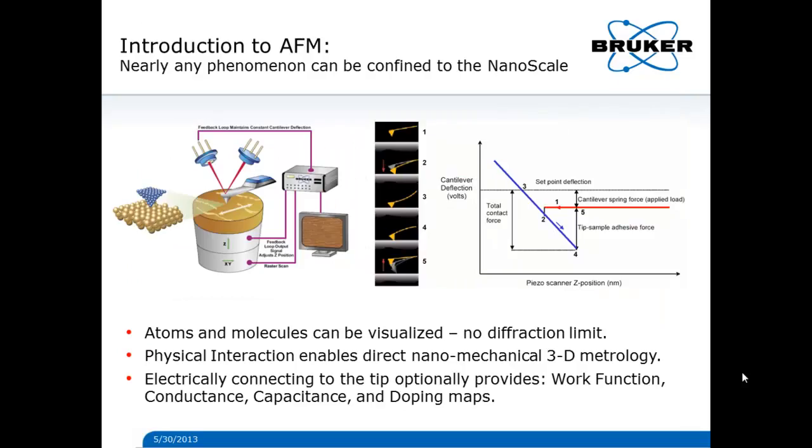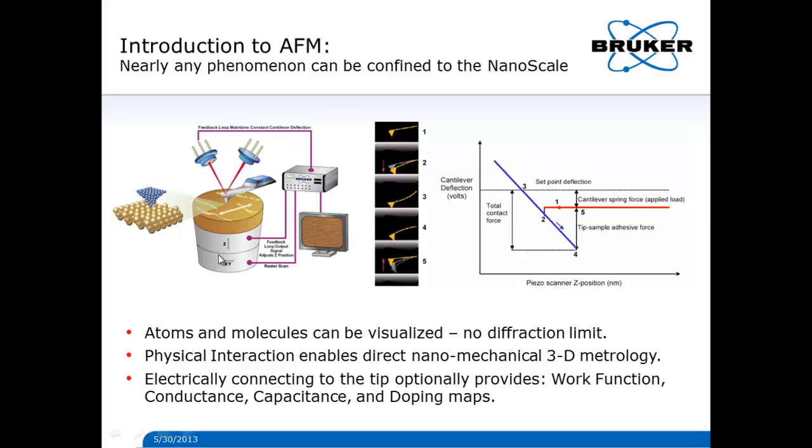How does ScanAsyst work? Before we dig into that, let's take a minute and discuss the operation of atomic force microscopy in general. On the left here we have a diagram showing a typical AFM with a sample and a tip, which is very sharp and can localize the interaction between the tip and the sample.